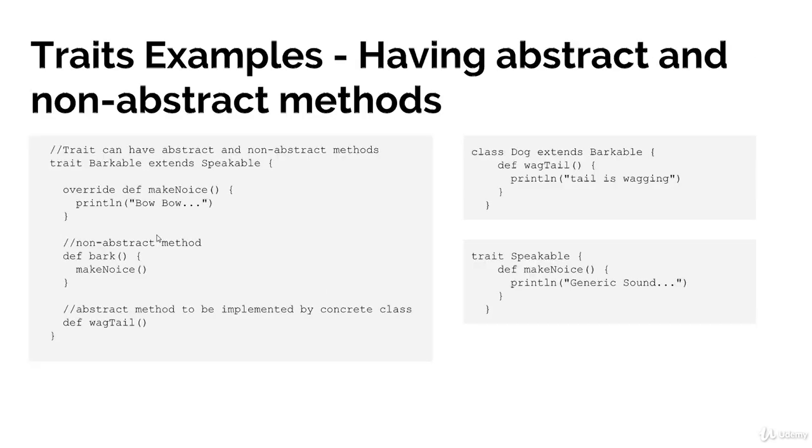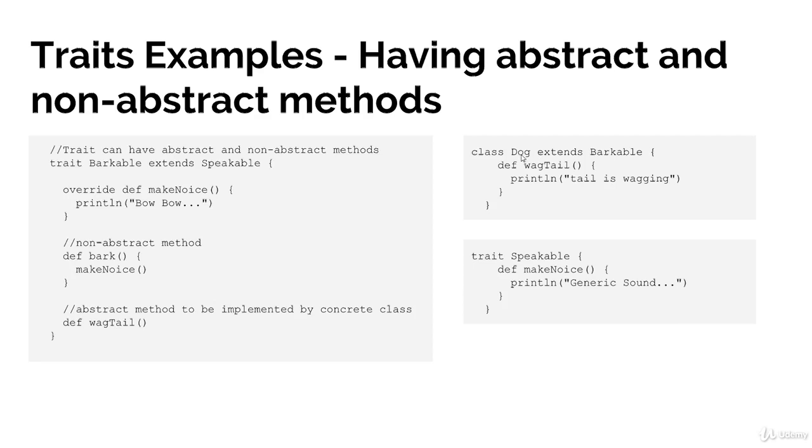This is another example where I can have abstract and non-abstract methods. Let's say I have a Barkable trait which extends Speakable. What it did is override this, and then it provided a new method, and added an abstract method called wagTail.